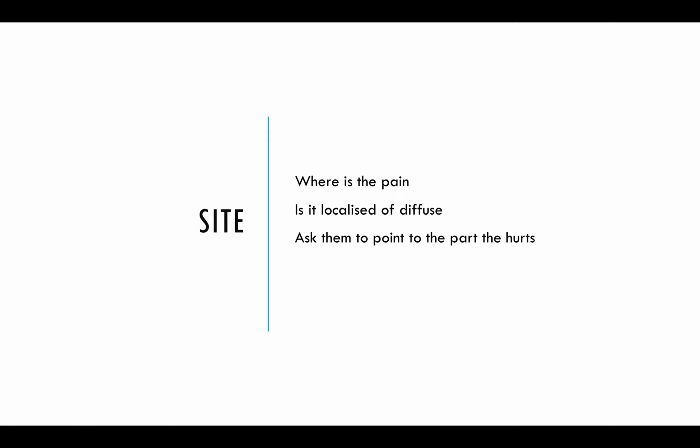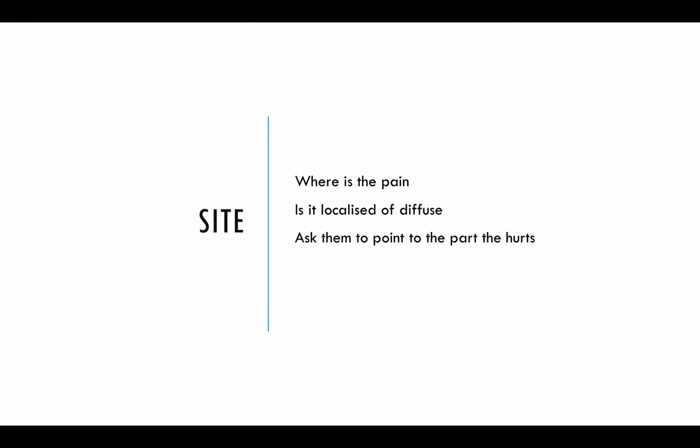In terms of the site, obviously, where is the pain? Something that I like to use with abdominal pain in particular, because people will say, oh, it's just in the middle of my tummy, is to ask if they can point with one single finger to where the pain is. It's often very helpful. Sometimes abdominal pain is very diffuse, and you won't necessarily get a pinpoint area, but it's good to ask and see if they can localize that pain.